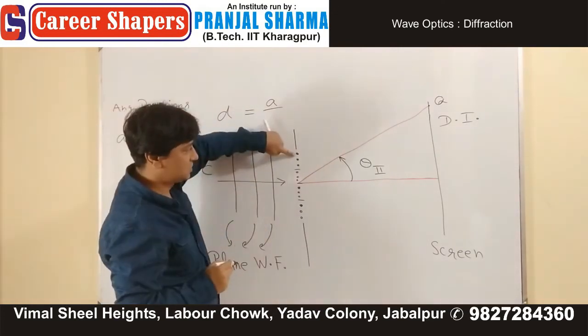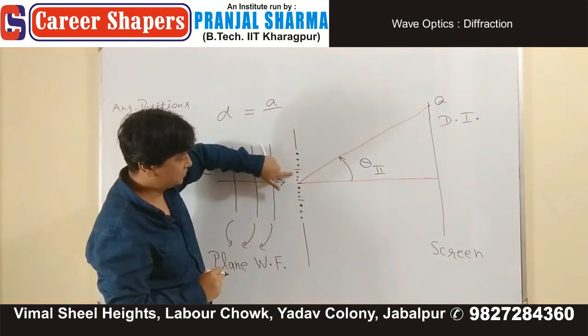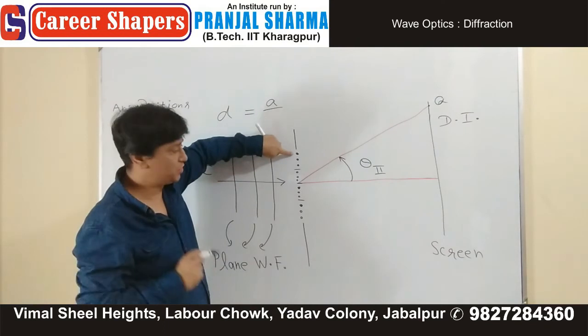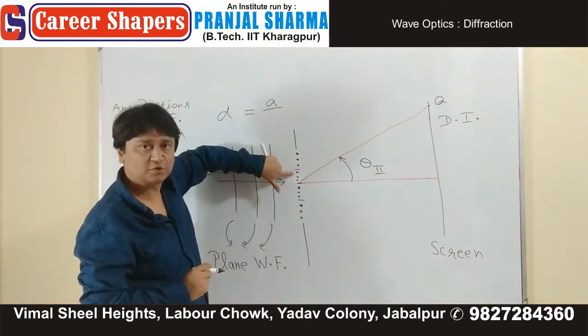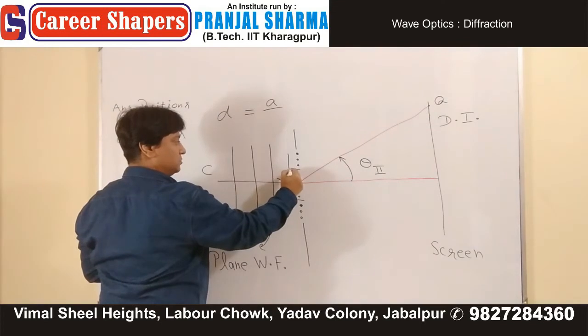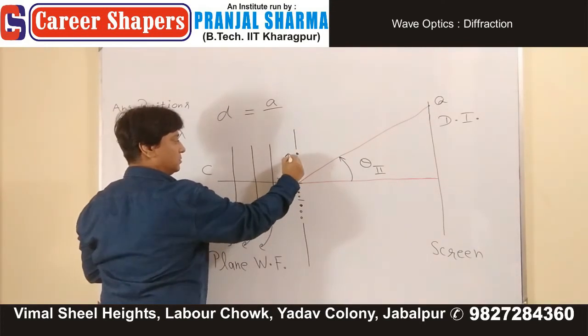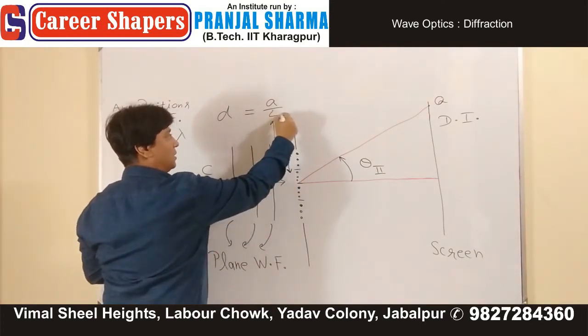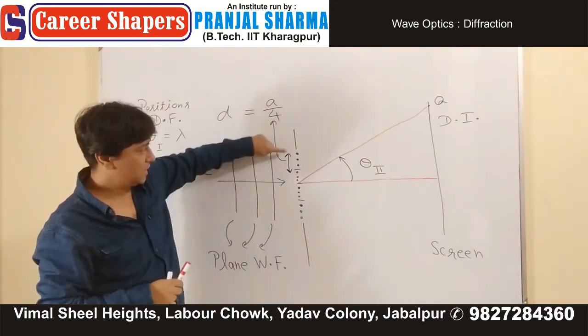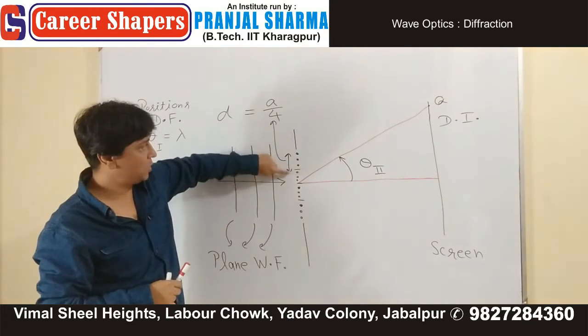the first secondary source of the first partition and the first secondary source of the second partition, the distance between these two will be what? A by 4. There are 4 partitions, and therefore this distance will now be A by 4.